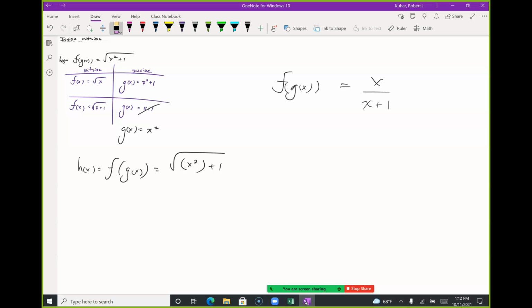What's the inside? What's the outside? This is a little tricky. It's really boring to say that the outside is x over x plus 1 and the inside is x. It's not much of a composition at all, right? So we have to get a little bit creative with it.